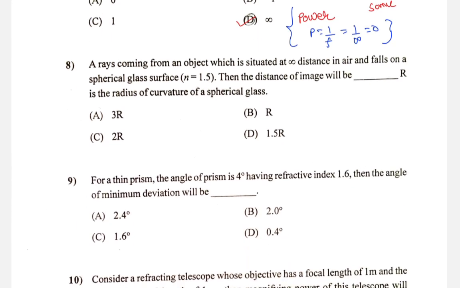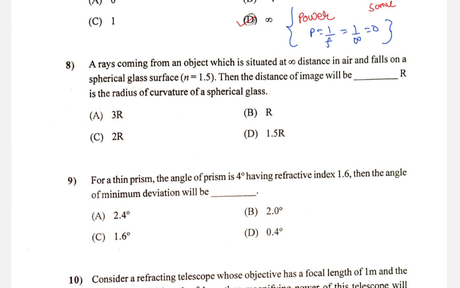Then, a ray coming from an object situated at infinite distance in air falls on a spherical glass surface with n equal to 1.5. Then the distance of image formation will be dash r, where r is the radius of curvature of the spherical glass.